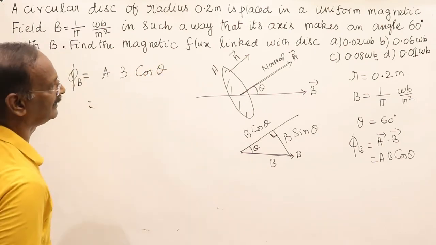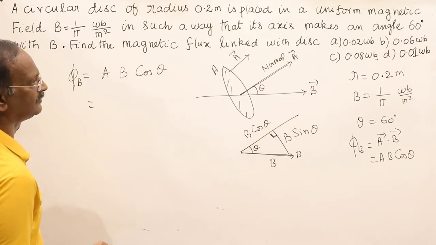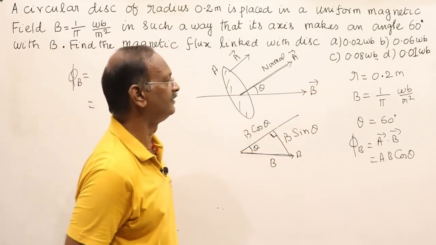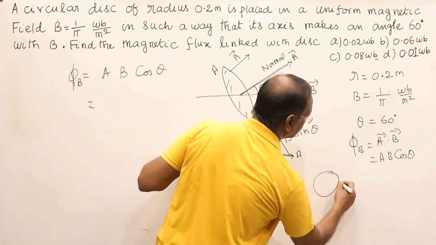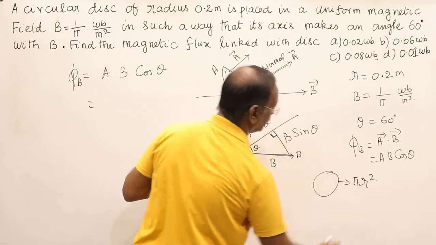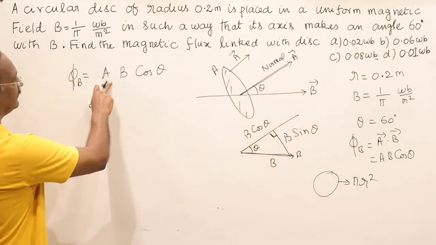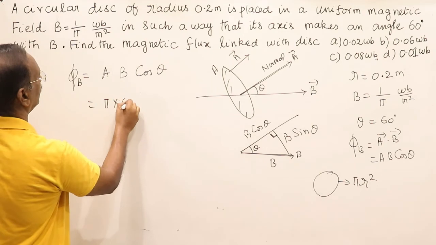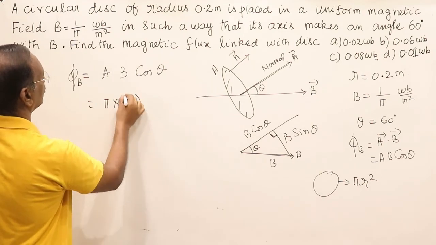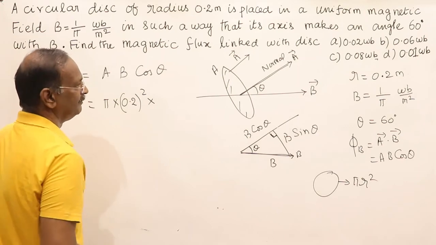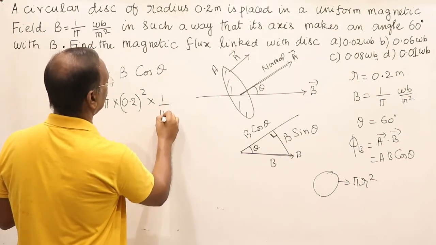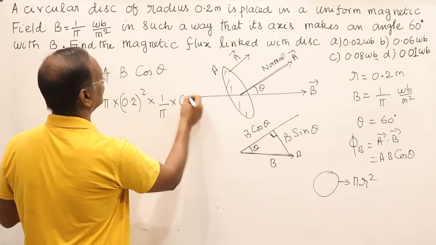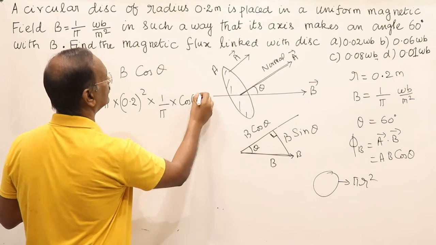What is the area? It is a disk, so its area is equal to pi r square. Area of the disk is pi into 0.2 whole square into B. B is given as 1 by pi Weber per meter square into cos of theta, where theta is equal to 60 degree.